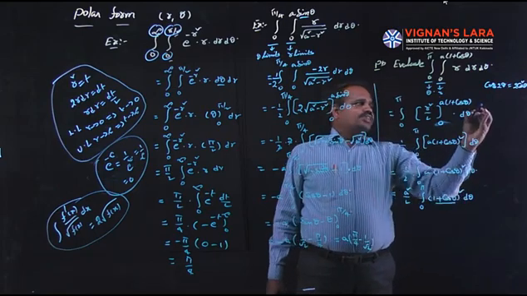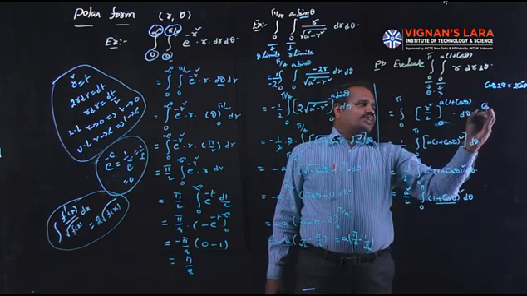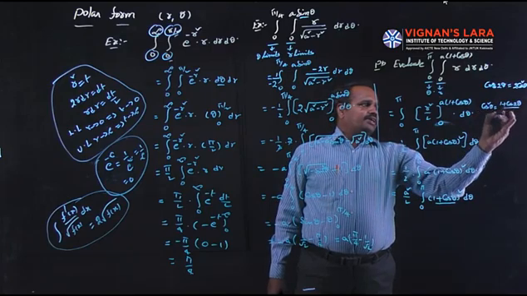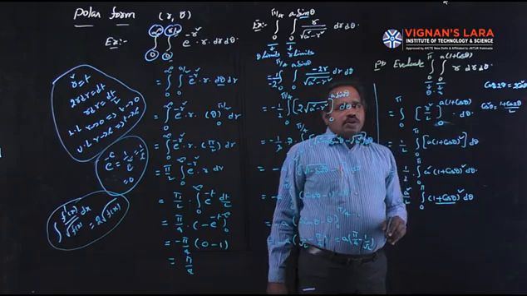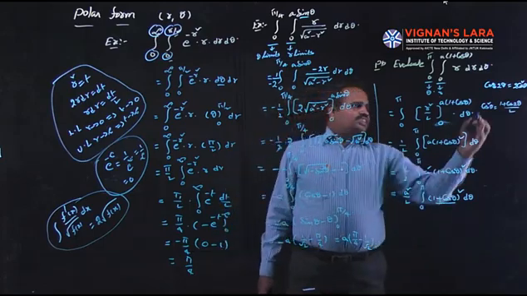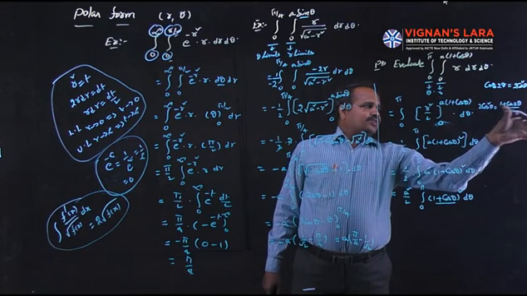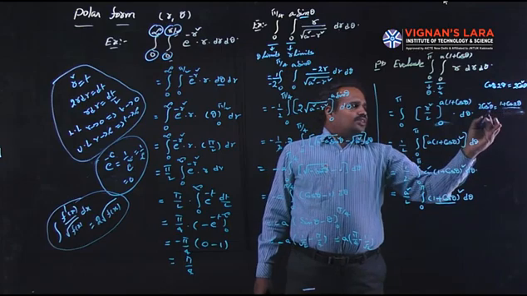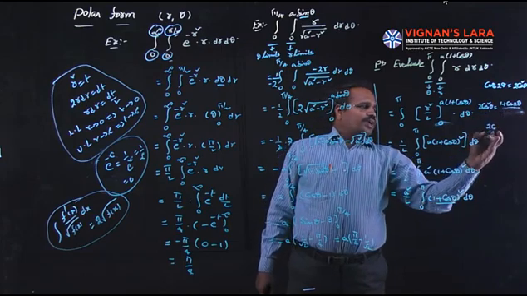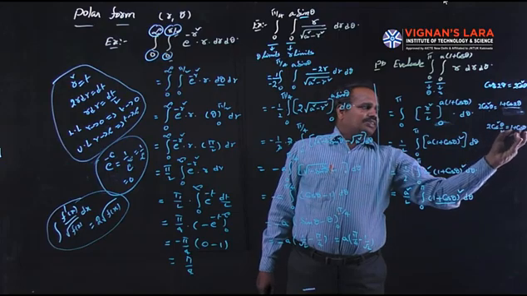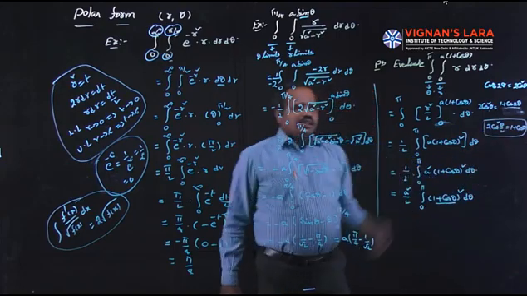From this, cos square theta is equal 1 plus cos 2 theta by 2. But here, 2 cos square theta is equal 1 plus cos 2 theta, but here I have only theta. So that's why this becomes 2 cos square theta by 2 is equal 1 plus cos theta. So use this formula for this.